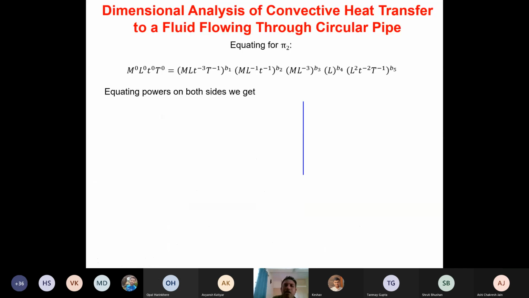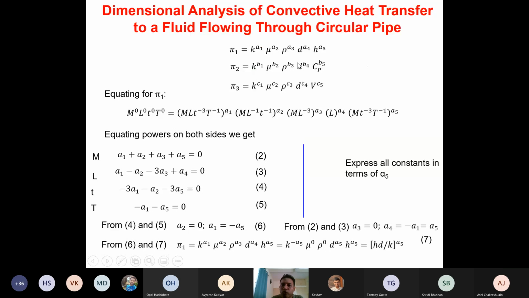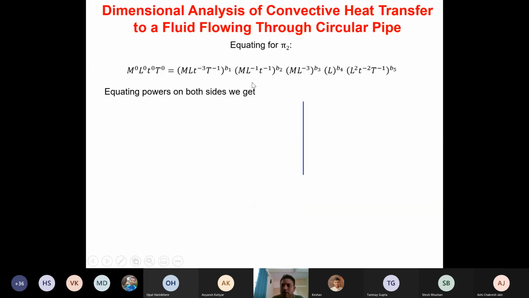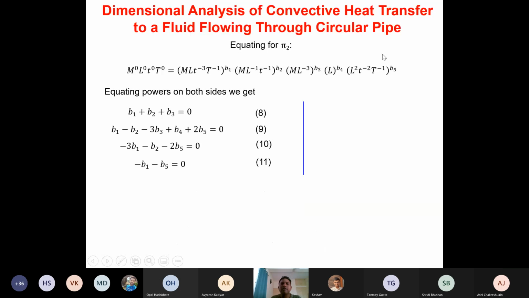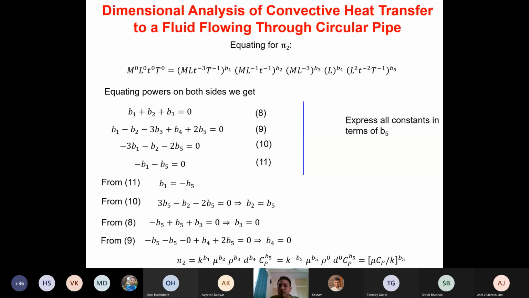In a similar manner, we can equate the expression for pi2. Remember, the expression for pi2 is also there, so we can put the dimensions of all these in this equation, and then in this equation, and then what we obtain is this.